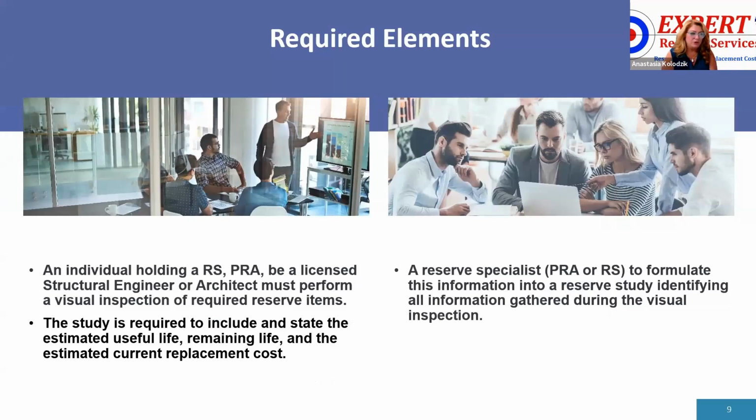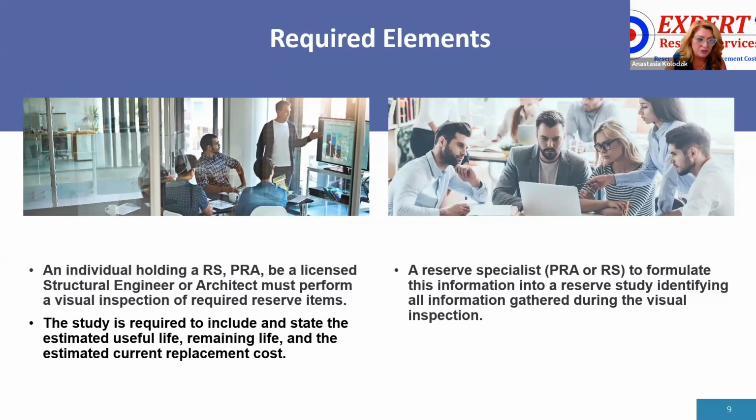Okay, who can perform this structural integrity reserve study? An individual holding an RS, which is called a reserve specialist, which is earned from Community Association Institute. That is one designation.